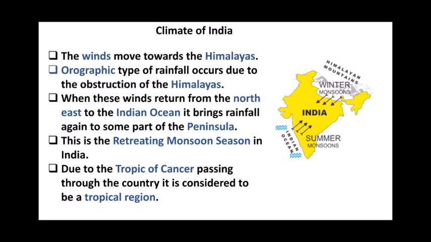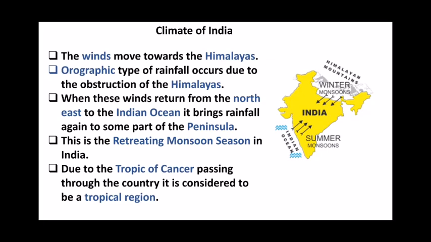I hope you know what a peninsula is. So the middle part. When the wind goes up, the peninsula gets rainfall, and then during the retreating journey of the southwest winds, they again give rainfall to the peninsula. So this kind of occurrence is called the retreating monsoon season in India.